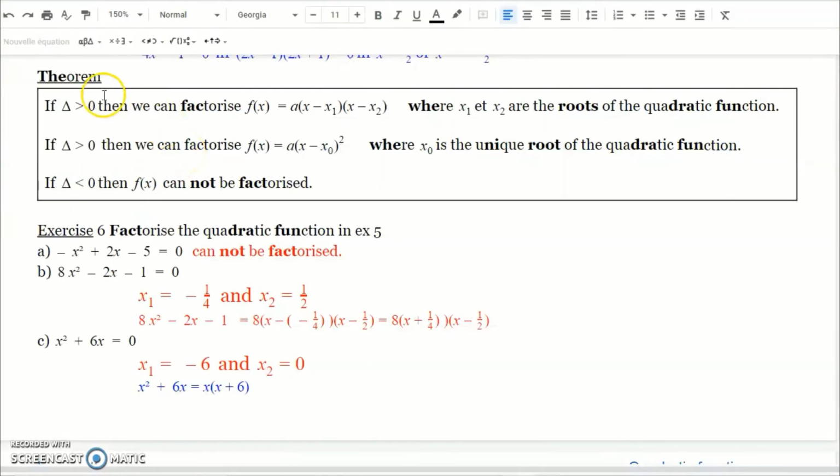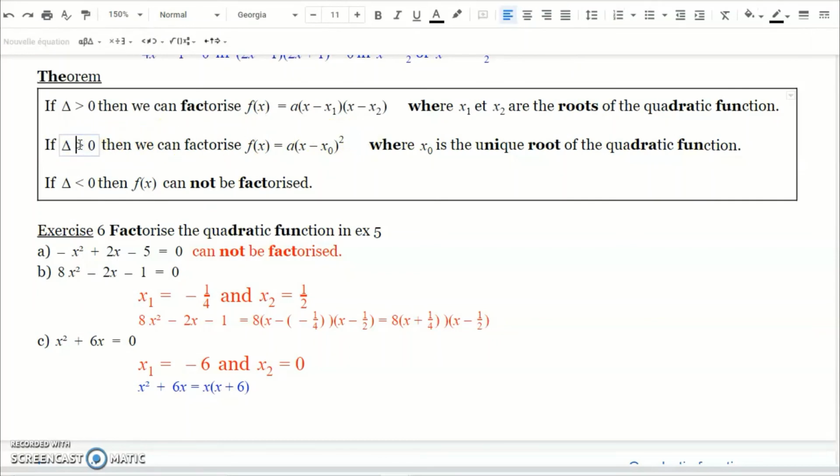The last theorem is about factorization. If delta is positive, then we can factorize the quadratic function by a times x minus x1 times x minus x2, where x1 and x2 are the roots that we found before.